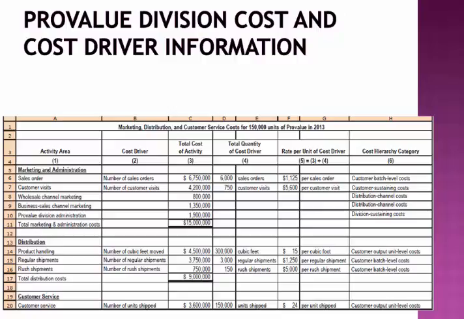Alright, so what we have here are some of our costs broken down by the quantity of the cost drivers that were needed during the period, and we can calculate a per unit.